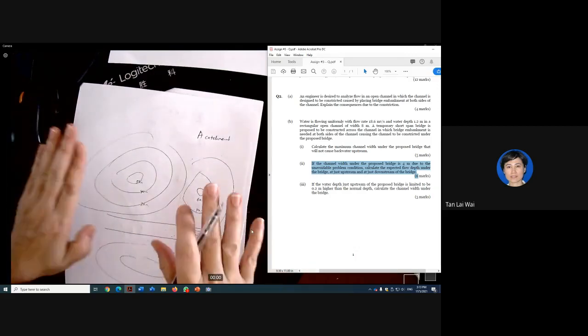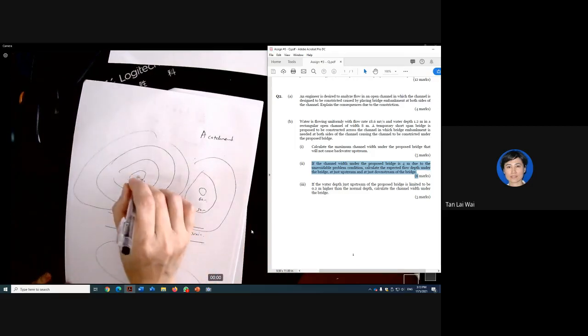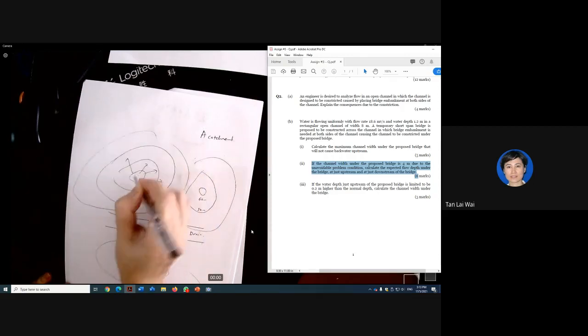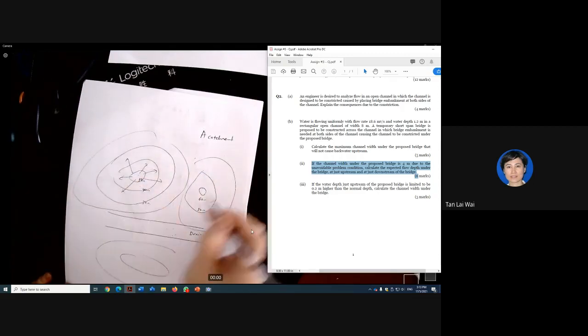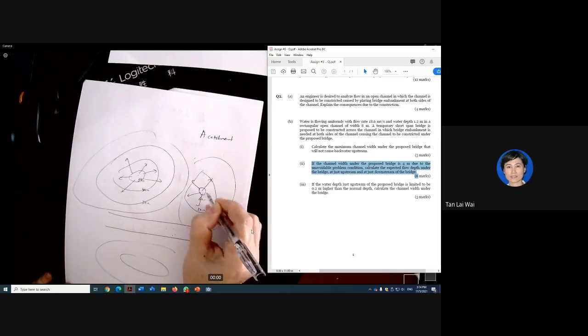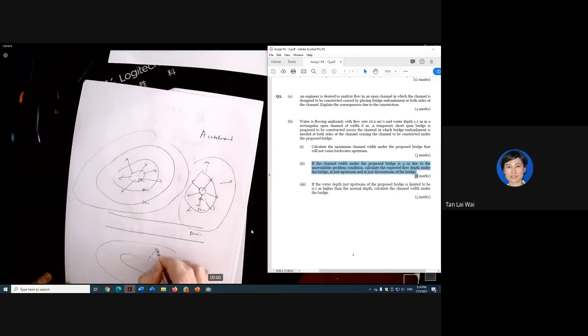Imagine rain falls on this area. This is the highest point, so you will expect your runoff would be like that. Everyone agree? Yes. Okay, your runoff will be like that.